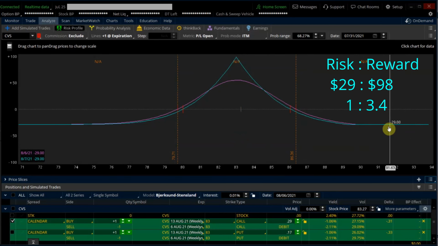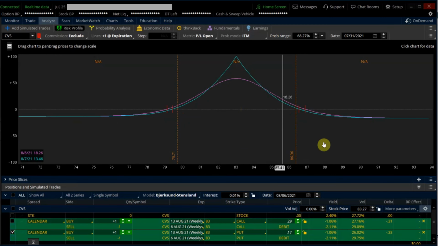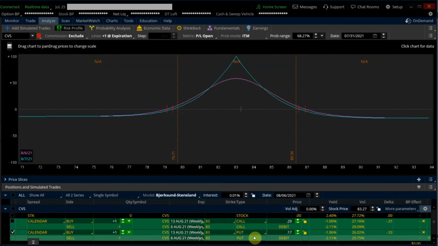So my risk to reward ratio is I risk $29 to get a potential maximum of $98.71. And for my put calendar spread, I am risking $17, which is the cost to enter my put calendar spread, for a potential gain of $99.66.